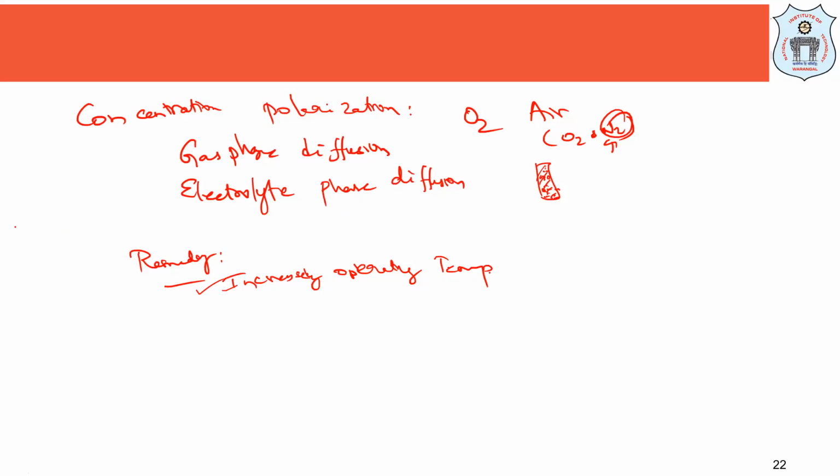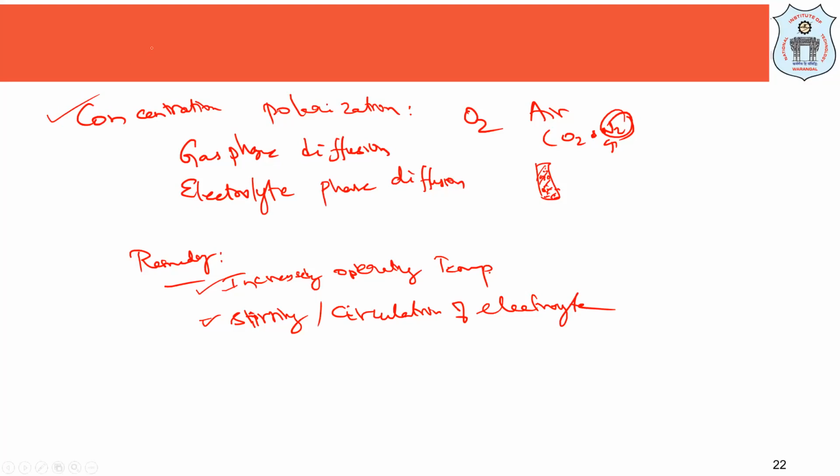So here also, increasing the operating temperature. Whereas for the electrode side, you can increase stirring or circulation of the electrolyte. If it is a liquid electrolyte, we can introduce stirring or circulation of it. That will help us to overcome the concentration polarization.